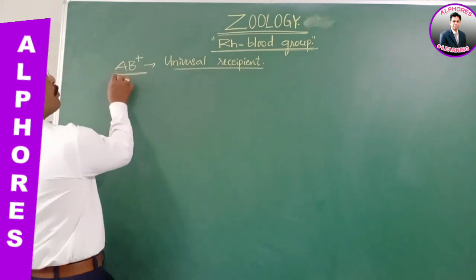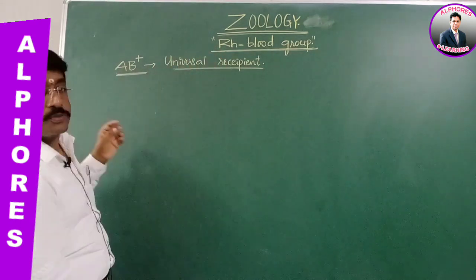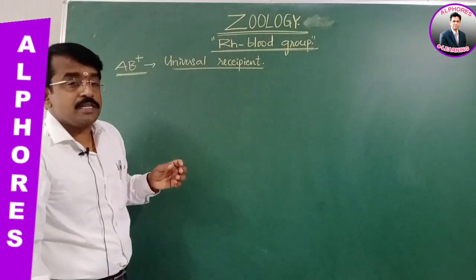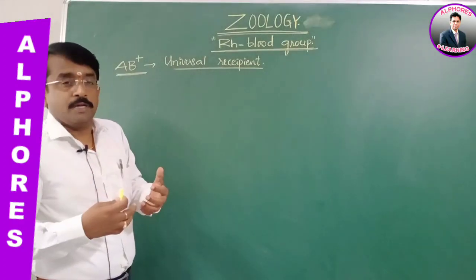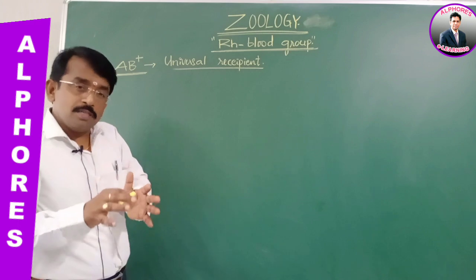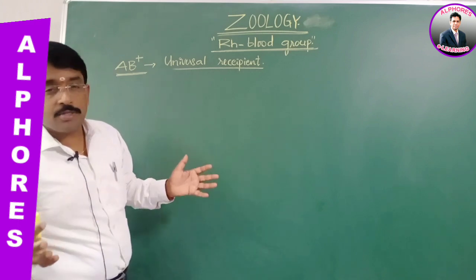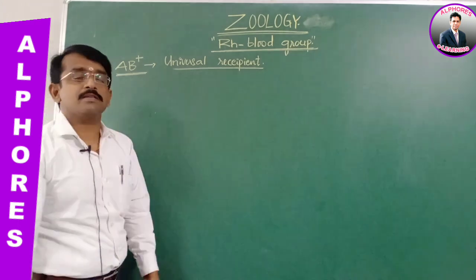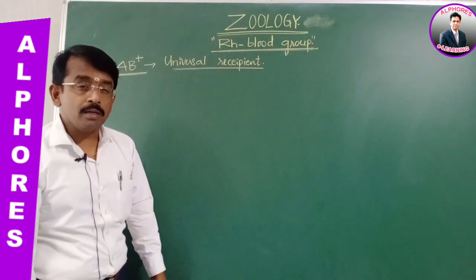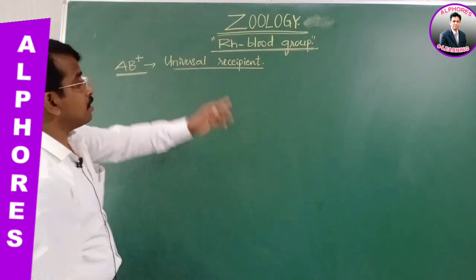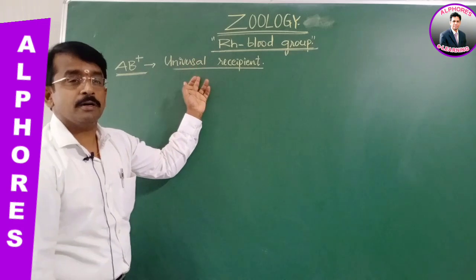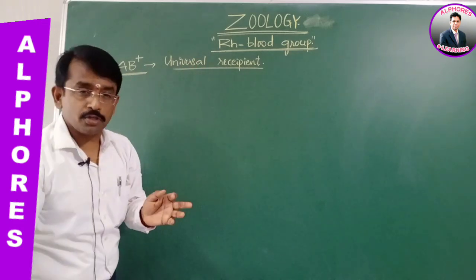So AB positive is the universal recipient. That is, they are positive. So if the recipient is positive, there is no genetic incompatibility. Why? Rh antibodies are not synthesized in a positive individual.